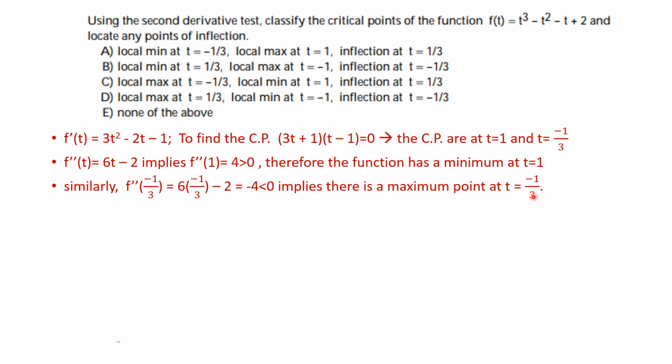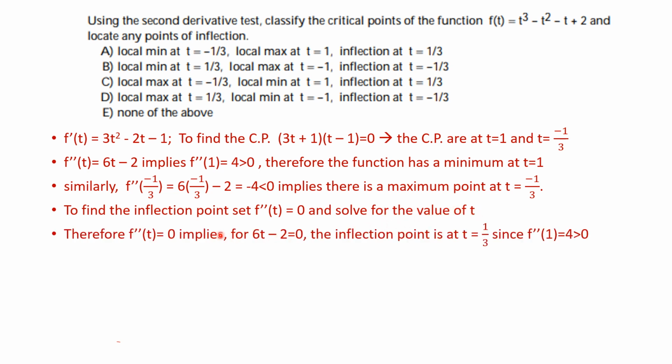So now we're done with the maxima and minimum values. Now it's time to check for the inflection point. To find the inflection point, we have to set f double prime of t equal to 0 and solve for the value of t. So f double prime of t equals 6t minus 2.